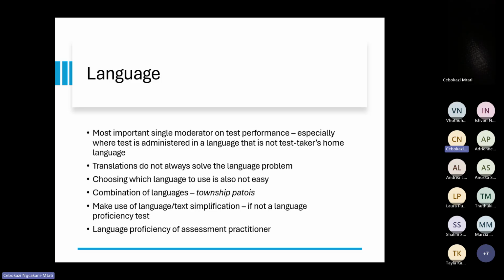But let's say the child has been at the school for only 6 months and is coming from an Afrikaans language of instruction school or a different language like isiXhosa or isiZulu. Then you could provide evidence as to why it's important to assess this child using their home language, because that's the language they were taught in at the previous school 6 months ago.